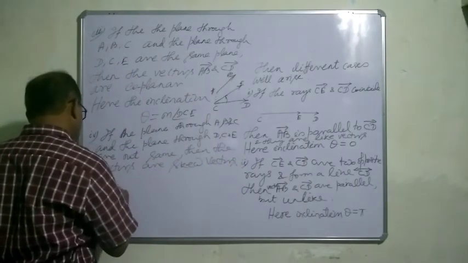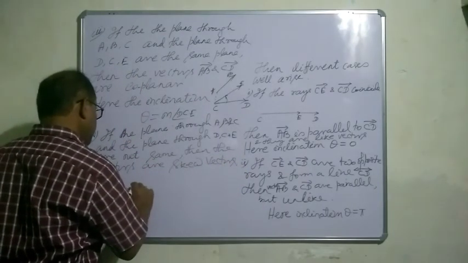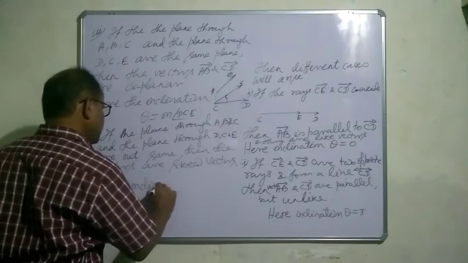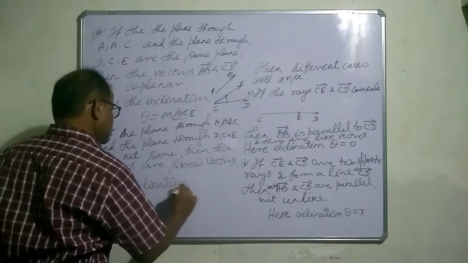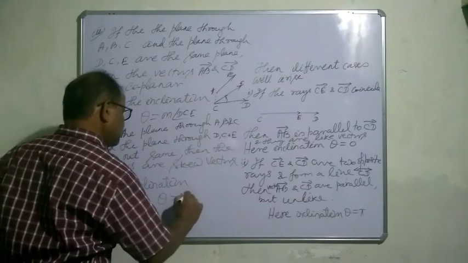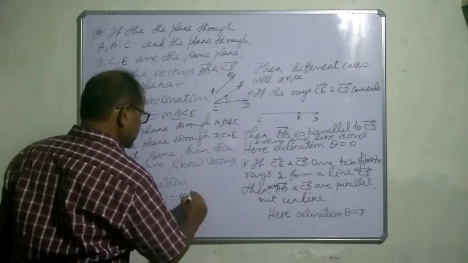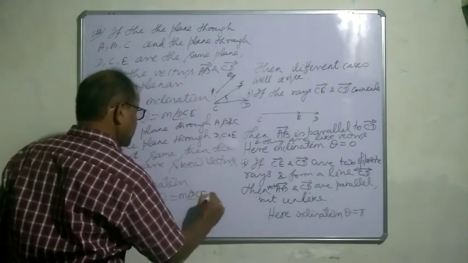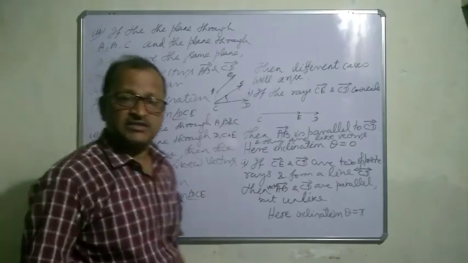Here also inclination is the same. Inclination theta is equal to the measure of the angle DCE. Here also the measure of the angle is this.